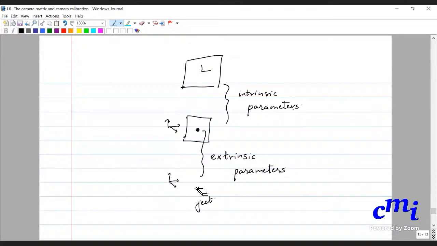The point is that you have this object, and now this object is a checkerboard pattern. So why a checkerboard pattern?